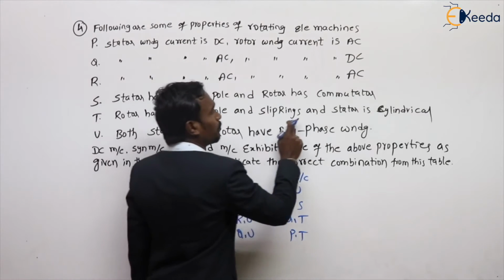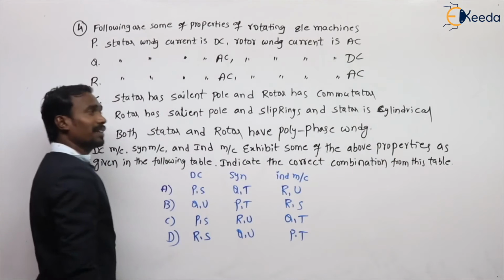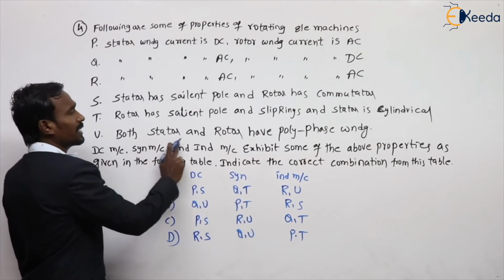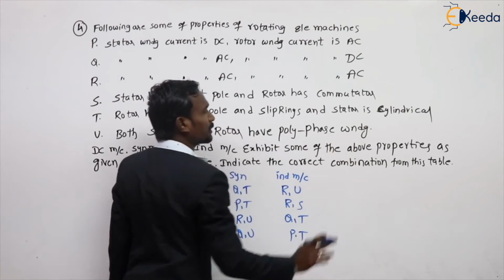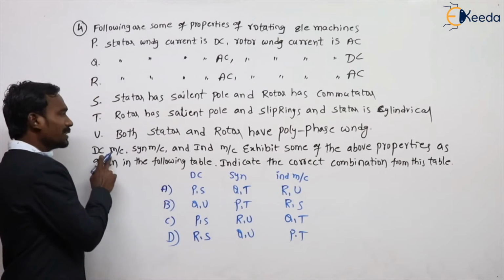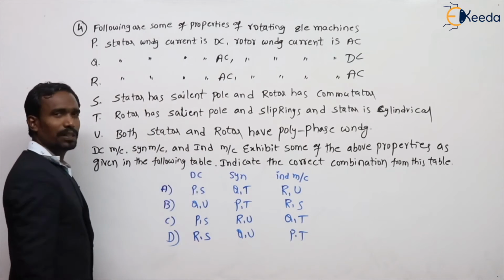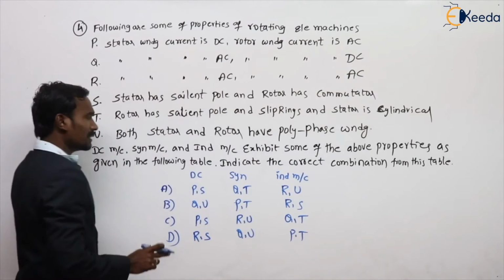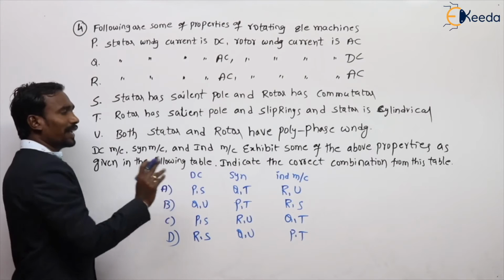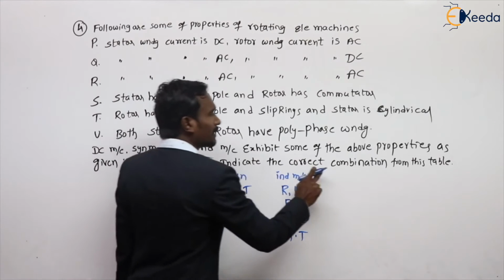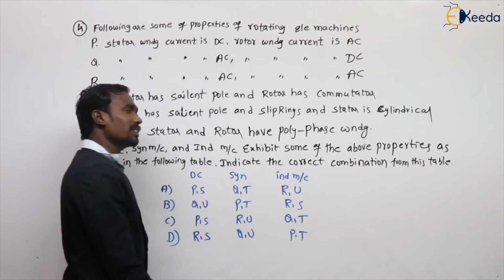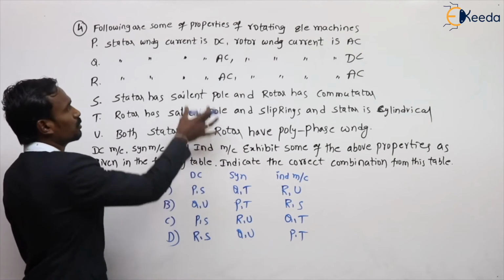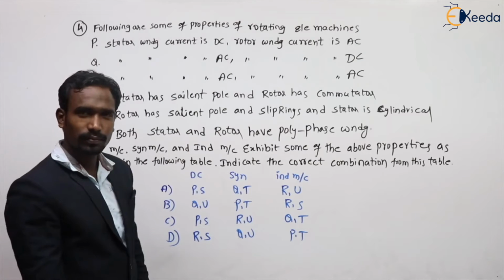Rotor has a salient pole and slip rings, and stator is cylindrical. Both stator and rotor have polyphase windings. DC machine, synchronous machine and induction machine exhibit some of the above properties as given in the following table. Indicate the correct combination from this table.